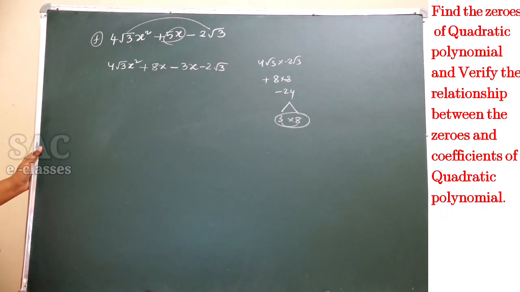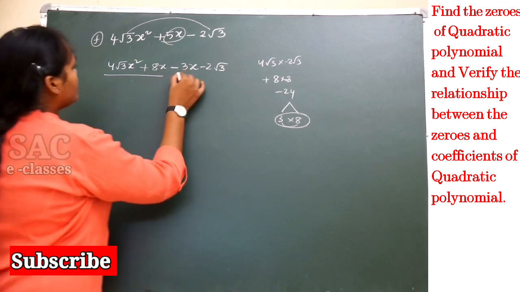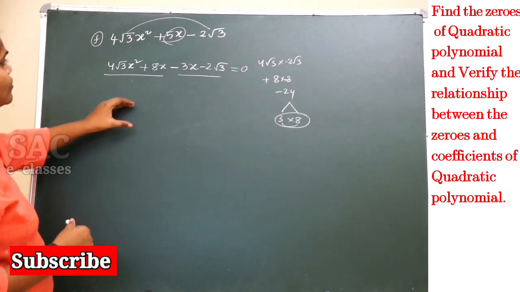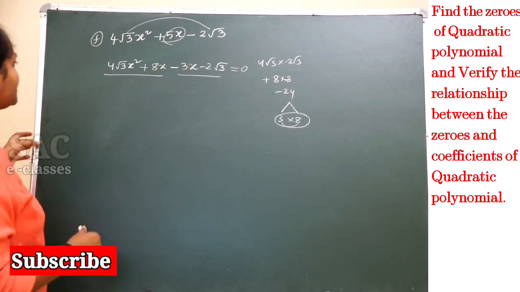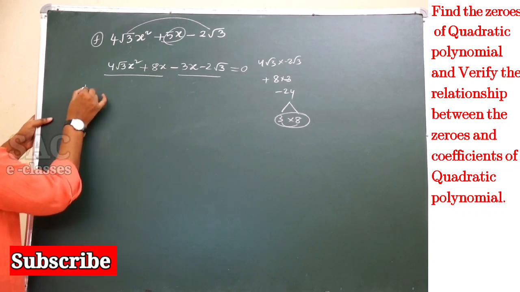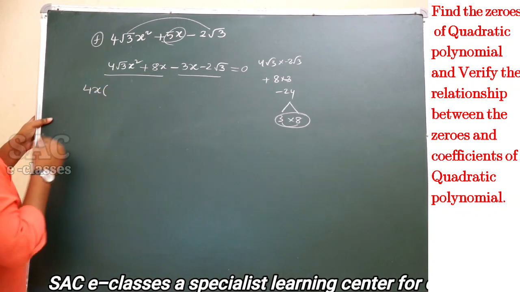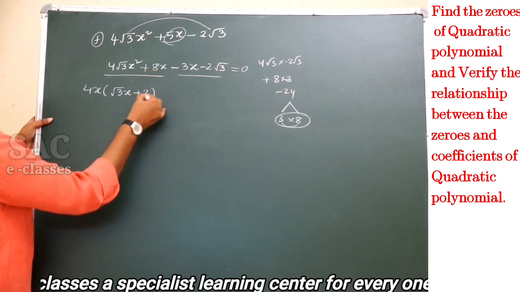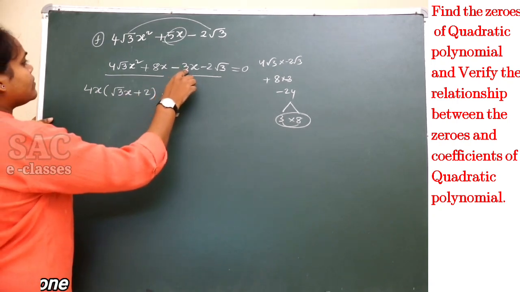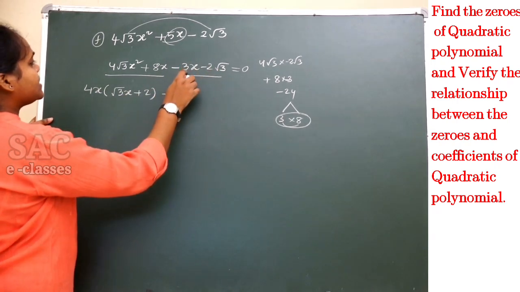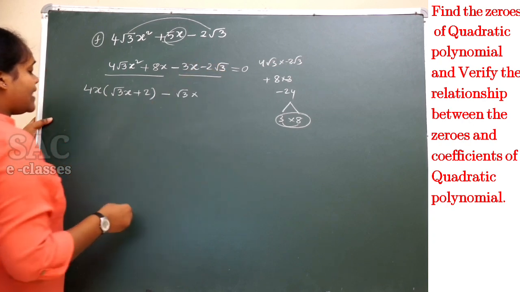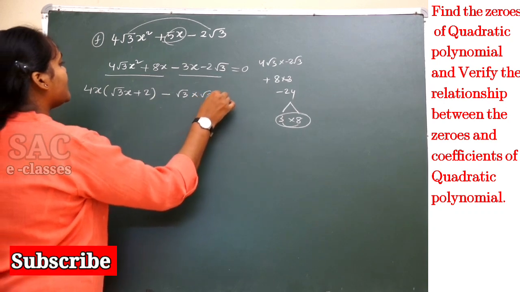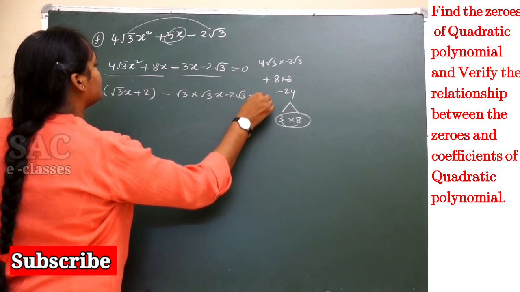In this way we can take it. Like before, take the first two terms as one group and the next two terms as another group. Here let me take out 4x as common; clearly root 3x plus 2 will be left over. Here what is common is root 3, so let me express 3 as root 3 into root 3, giving minus 2 root 3 equal to 0.